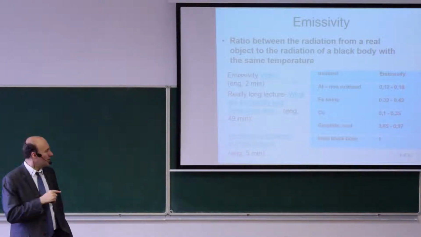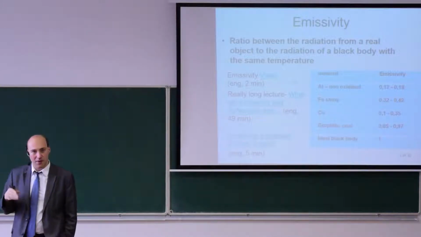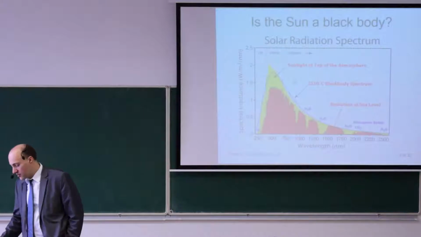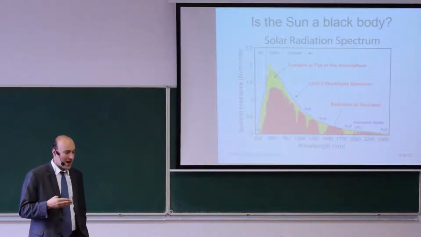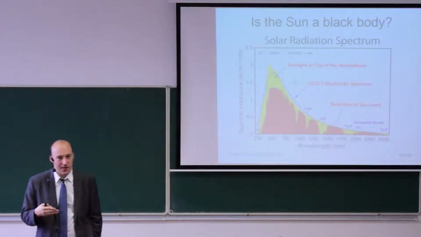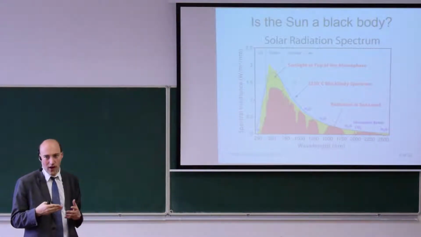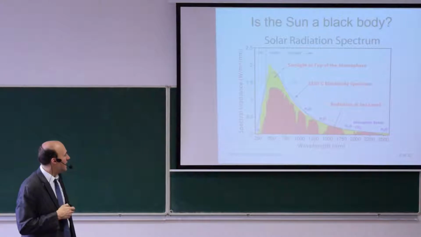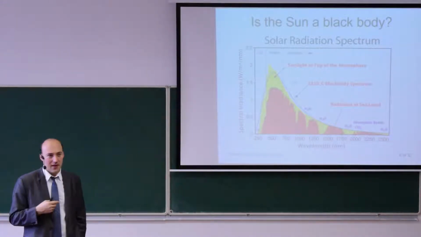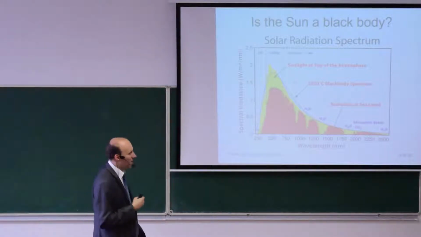Also, here we will use the black body as a model, but remember that it is only an ideal model. If we look at real objects, they will behave in a different way. What you see here is the solar radiation spectrum of the sun, which we can model as a black body.